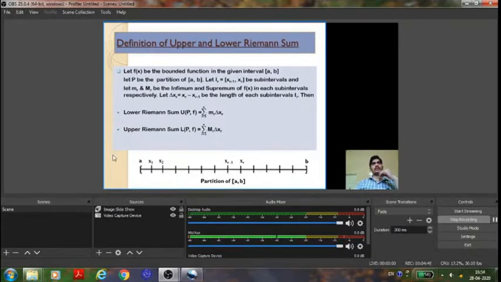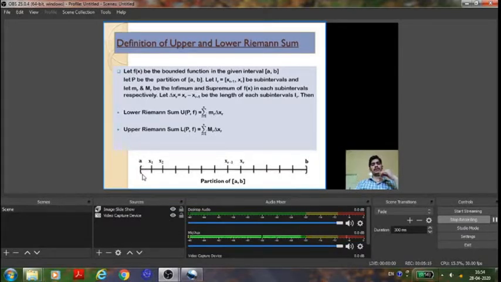The partition means a set of real numbers a, x1, x2, up to x r minus 1, x r, and b. Have you understood what I mean by the partition of a b?